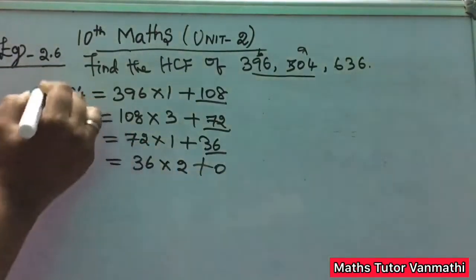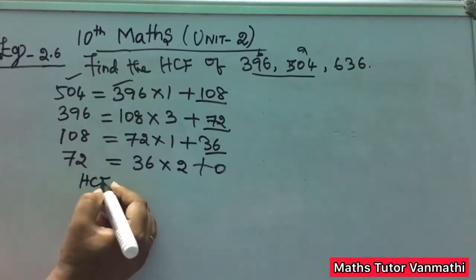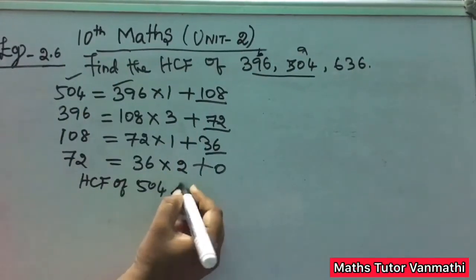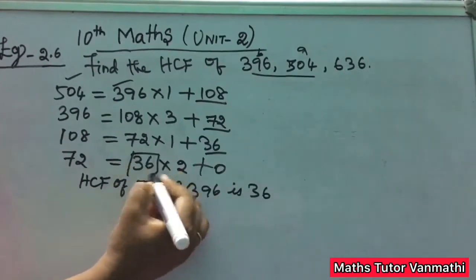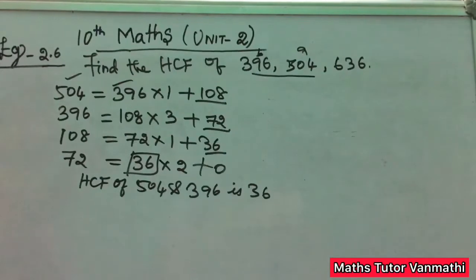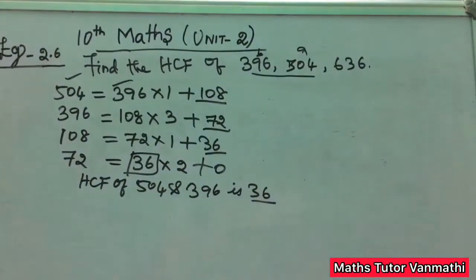So the HCF of 504 and 396 is 36. Clear? Okay. Next we are going to find it for 36 and 636. Okay.